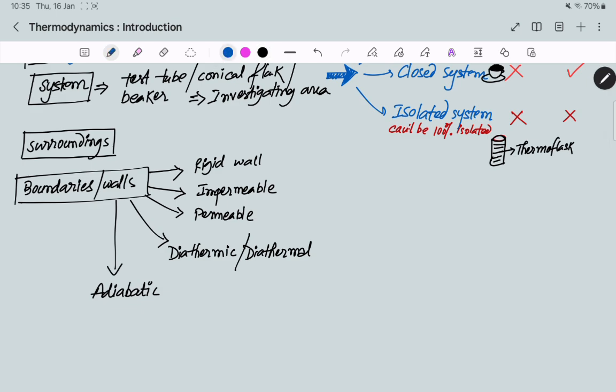now rigid wall, that means you know that there will be a specific boundary line. Okay, specific boundary line, and we can't move it. This is non-removable.